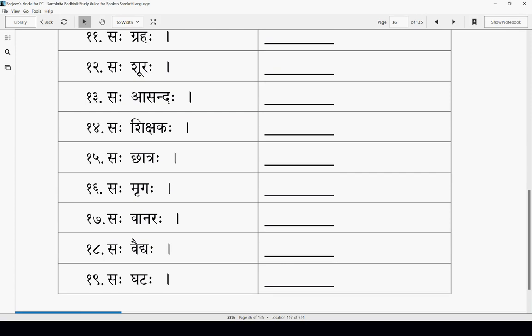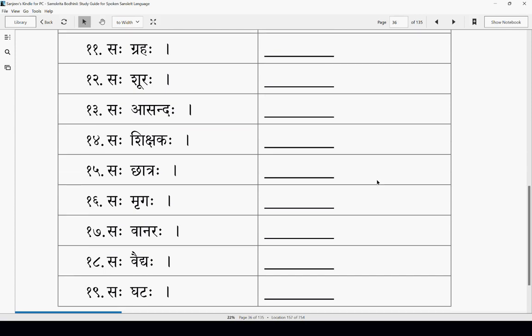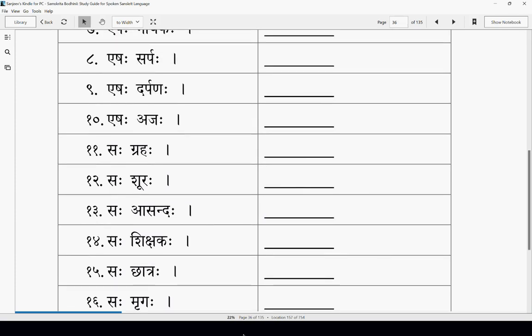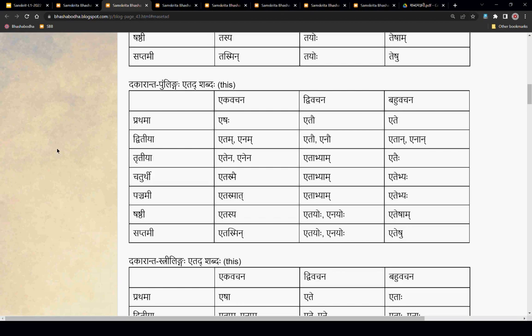Any question here? Dhanyawad. Any question? Dhanyawad, Mahoday. Te for Strilingam? Pullingam. Te Bahuvachanam, Pullingam. That is what we saw here, right? If you see the table here, the Karantam. So this is a Pullinga. Same thing.